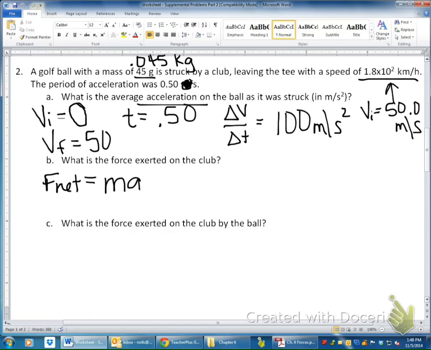If we wanted to draw the free body diagram, all we do is we have the ball here. If it's at rest on the ground, it's going to have a normal force and a gravitational force, and then it'll have some sort of applied force that's hitting the ball. Okay, so this would be our net.